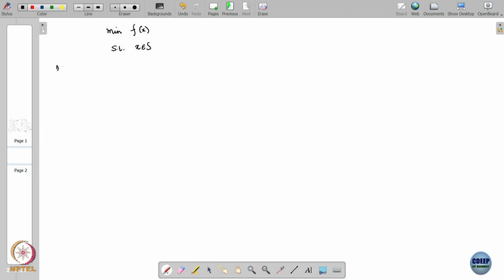In this, any point in S is called a feasible point. The S as a whole is called the feasible region.